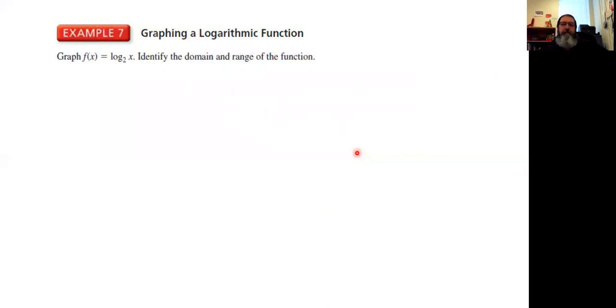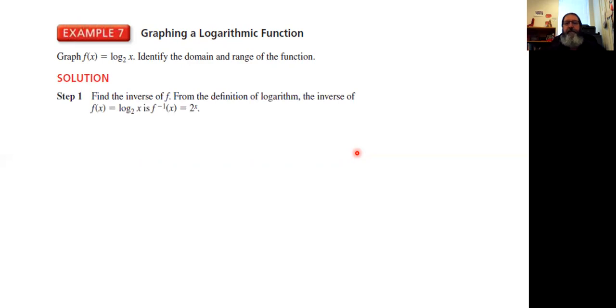So using that knowledge, let's look at this last example. Graph f of x is equal to the log base 2 of x, and identify the domain and the range. So first thing we're going to do is find that inverse. We just went over how to do that a few minutes ago, so I'm not going to do it here.